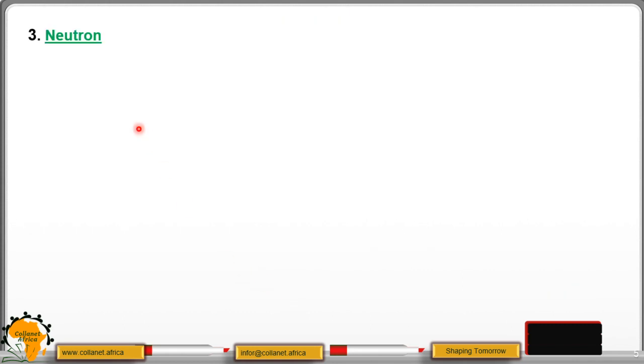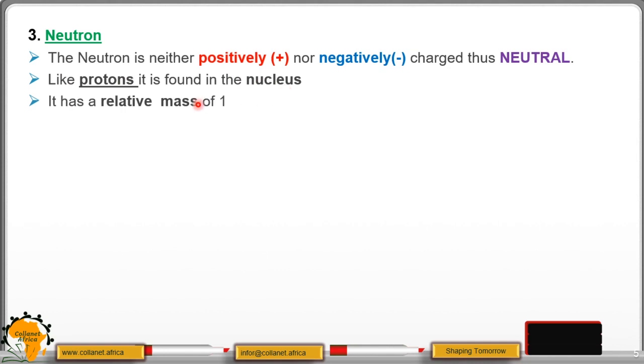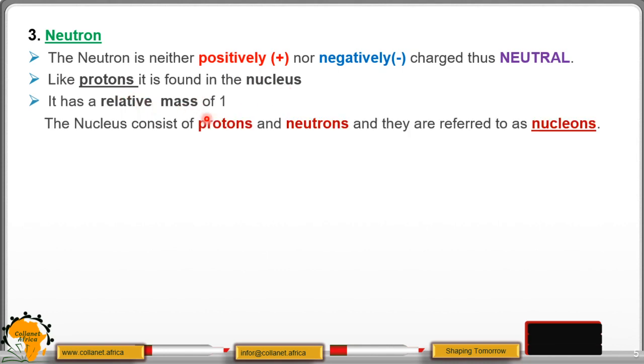We continue to neutrons. A neutron is neither positively charged nor negatively charged. It is thus neutral. The word neutron comes from the word neutral, so they don't have a charge. Like protons, it is found at the center of the atom, which is referred to as the nucleus. It has a relative mass of 1. The nucleus consists of protons and neutrons, and they are referred to as nucleons.